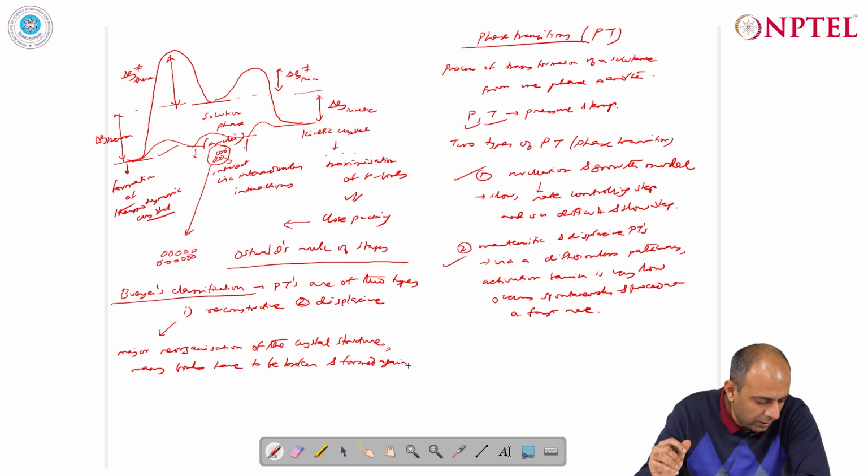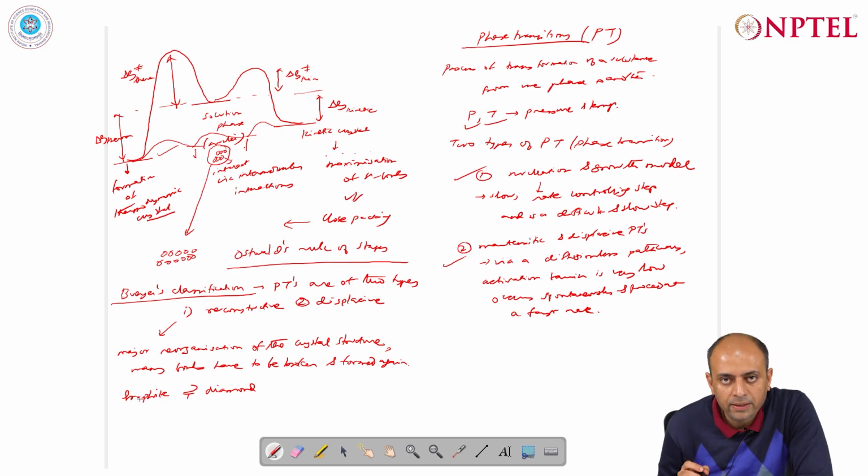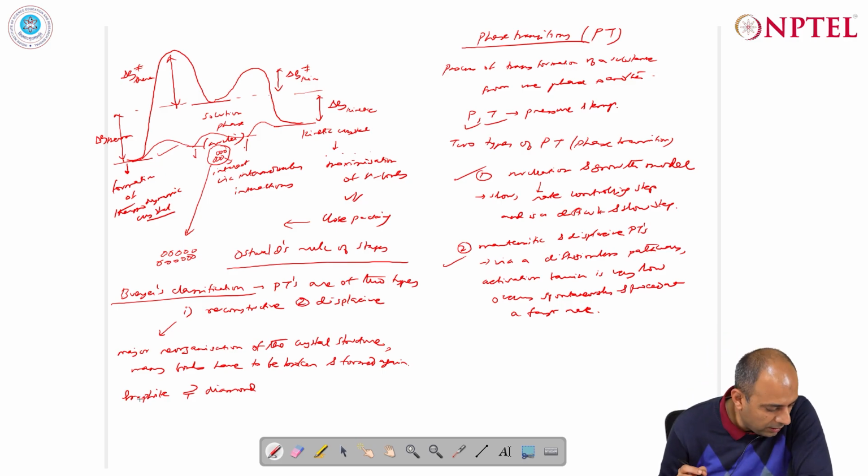For example, here we have the classical example of graphite, which is in equilibrium with that of diamond. They have very different structures. Graphite consists of hexagonal sheets, whereas diamond contains four coordinated carbon atoms.